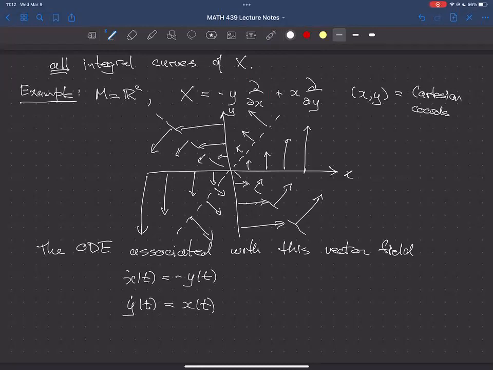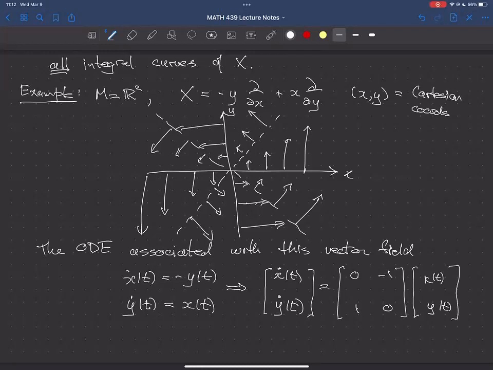Those are the differential equations. Let me maybe write those in a form which makes you believe that you could solve it. Let me go for gold to start out with.